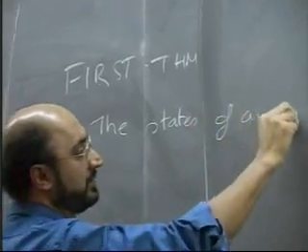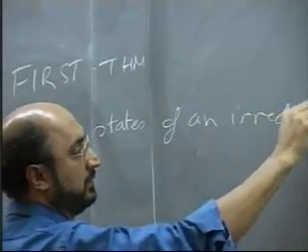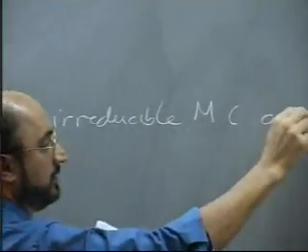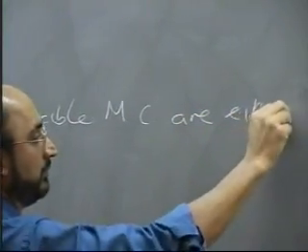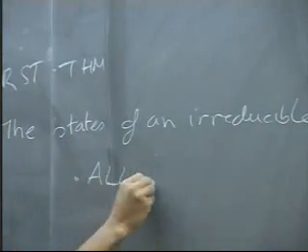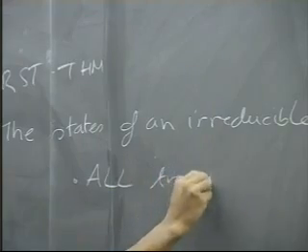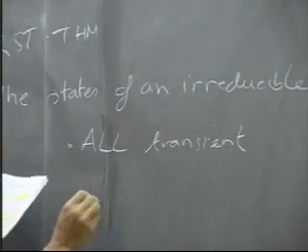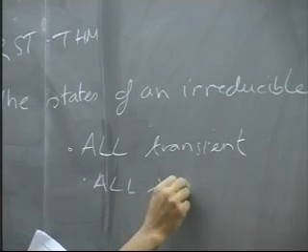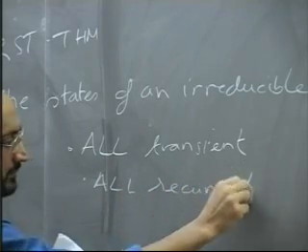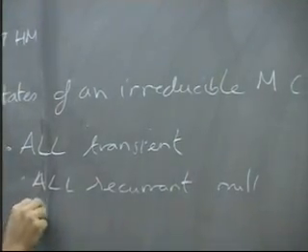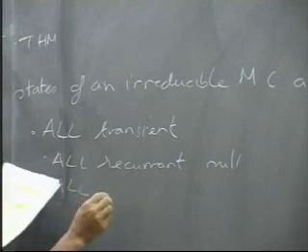The states of an irreducible Markov chain are either all transient, all recurrent null, or all recurrent non-null.